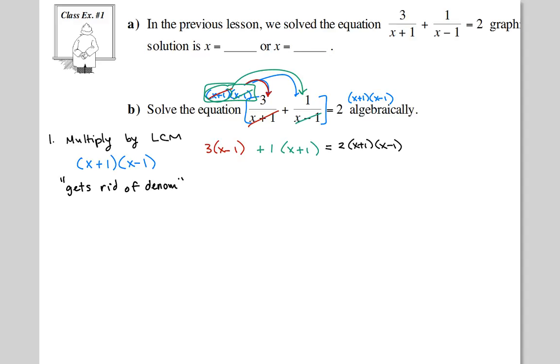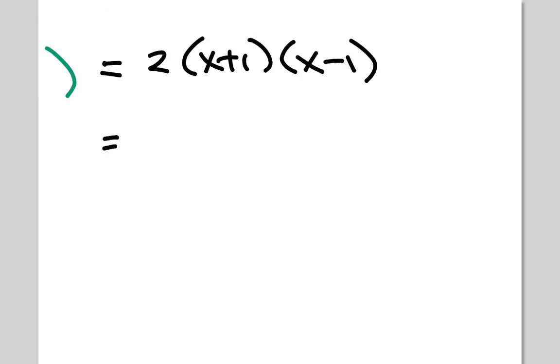Okay, let's do the right hand side. It's a little bit more. Fred, what do I do? Okay, so you're going with the binomials first? Okay, give me the first one. Okay, good. Give me the last one. Very nice. Now I'll draw you arrows for the outer and the inner.